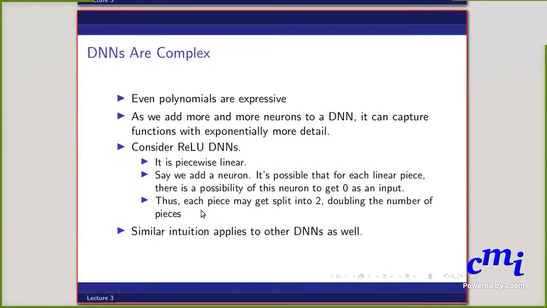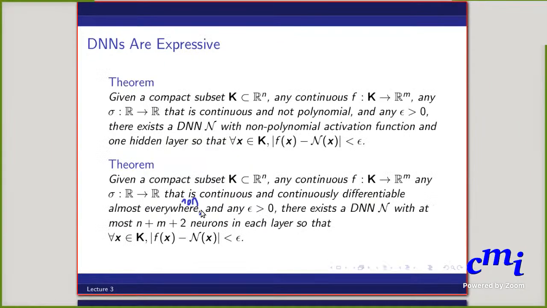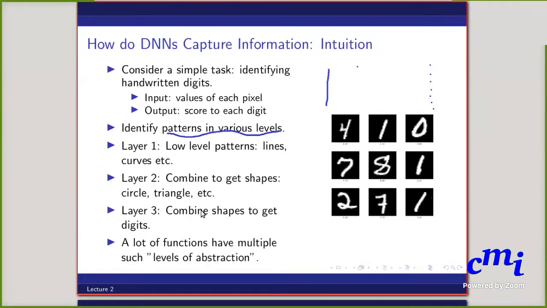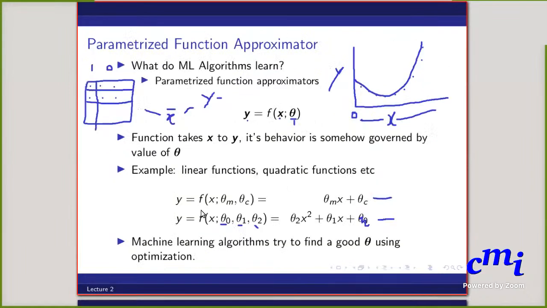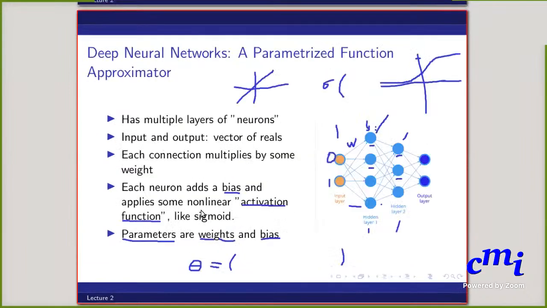You might have seen before that if I give you any continuous function, no matter how complicated, and I give you some epsilon, you can always find a polynomial of sufficiently high degree that approximates this function up to epsilon. So universal approximation theorems are not anything new or special about neural networks. Even polynomials have universal approximation, for example.